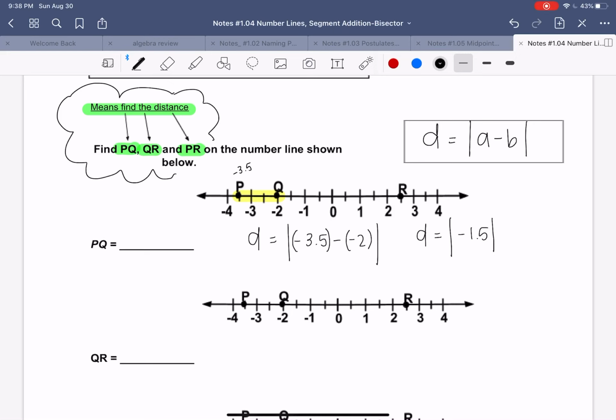You might think you're done, but remember that distance cannot be negative. The absolute value bars are saying how far is negative 1.5 from 0. And it's only 1.5 units. So the distance between P and Q is just 1.5 units. Okay.